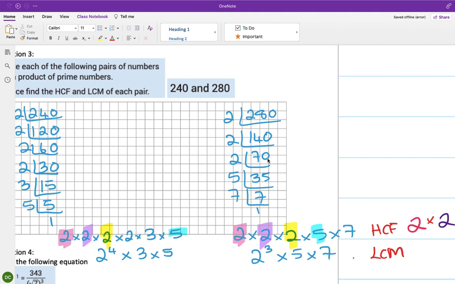Okay, and then the lowest common multiple, we'll use the second line. So we find a match, and we take the higher power, which means you're going to take this one and eliminate this one. So that is 2 to the 4. Find a match, take the higher power, so they're both the same. So just take one of them. And then multiply in any spares. So I have a 3 and I have a 7.